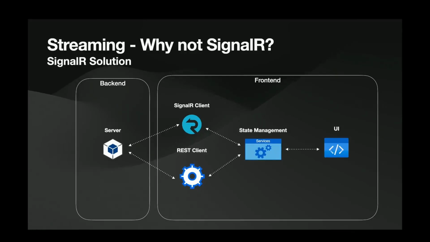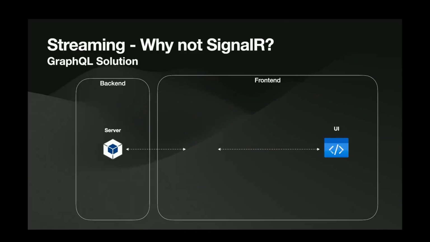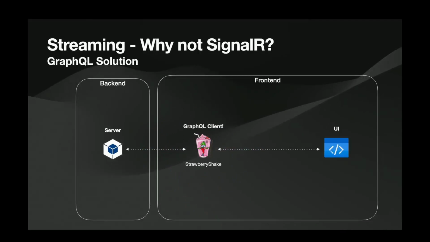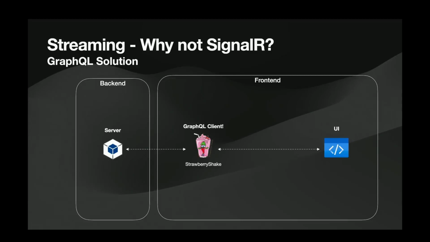That's a SignalR solution. So what does it look like with GraphQL? Well, mostly the same, except you've removed two moving parts. You now just have a single unified client to support all your state management needs. And the real benefit of that is you can start delegating all your state management to the server.